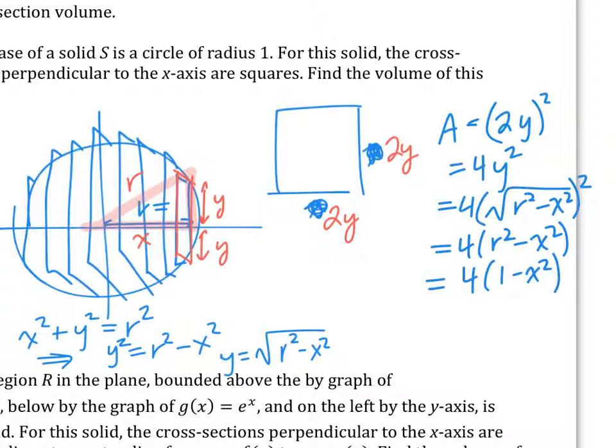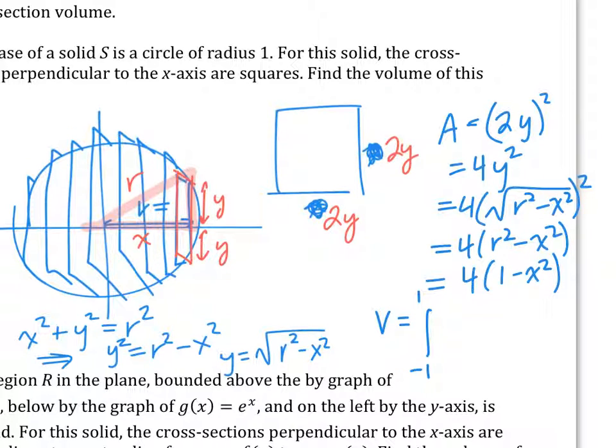Okay, up to this point, any questions? Okay. Now we're going to add up all of the possible squares, the cross-sections, so we're going to use an integral. The volume is going to be the integral from -1 to 1, because we're perpendicular to the x-axis, which means we're going to move along the x-axis, from -1 on the x-axis to +1 on the x-axis.